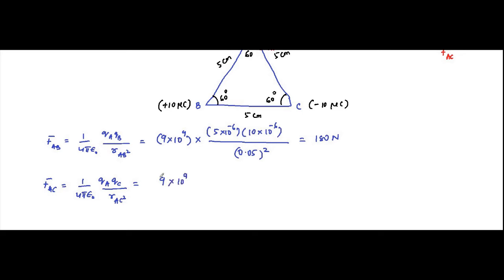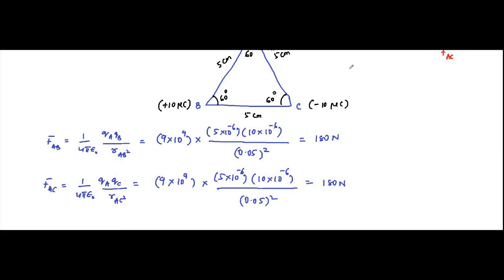So here it is 9 into 10 to the power 9 into 5 into 10 to the power minus 6, which is QA. Here QC will keep 10 into 10 to the power minus 6. No need to change the sign here, only you specify that it is an attractive type force, 0.05 whole square, because it is an equilateral triangle. So it is 180 Newton.